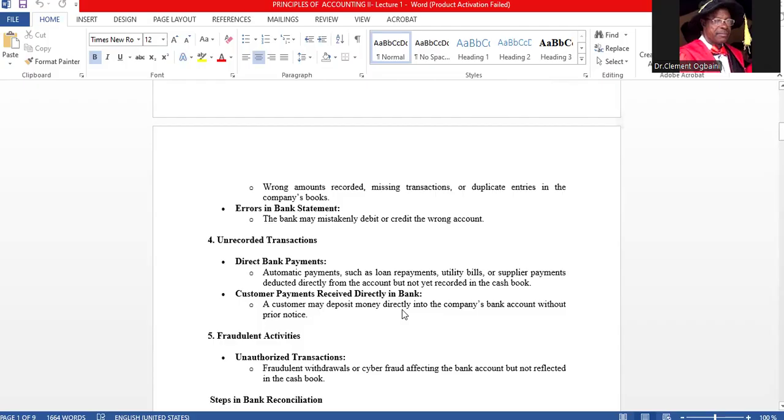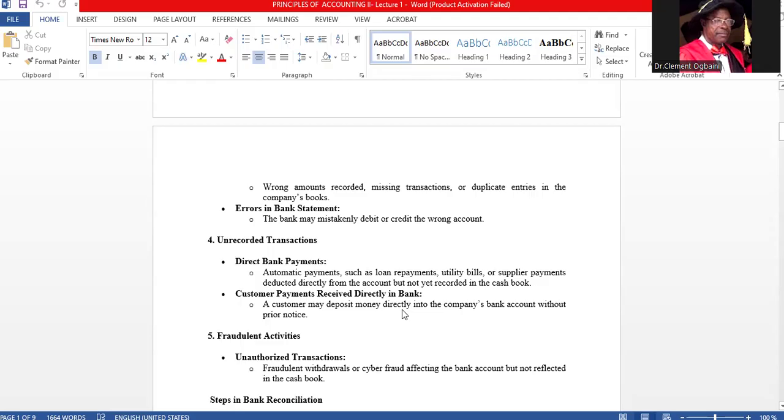There are direct payments. We call this one direct credit. Direct credit is a situation where maybe one of your customers has made a payment directly into your account, which you are not aware of. And we also have a case of direct debit.